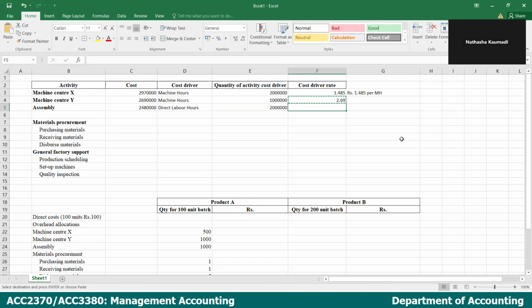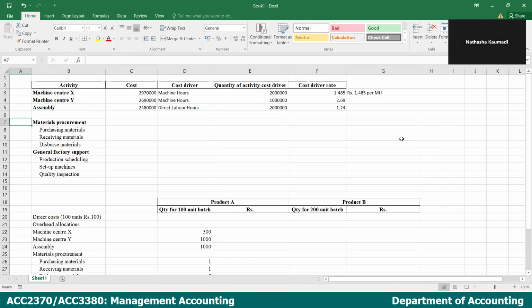And then calculating the cost. 1 rupee and 24 cents per direct labor hour. Right. Now, before coming into activity-based costing, the major activities and then selecting the cost drivers, we have calculated production center cost rates like this. That's what you need to do first.